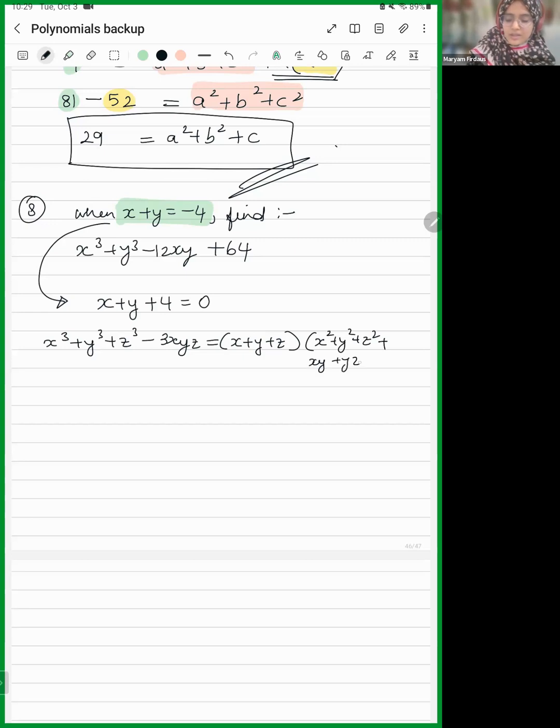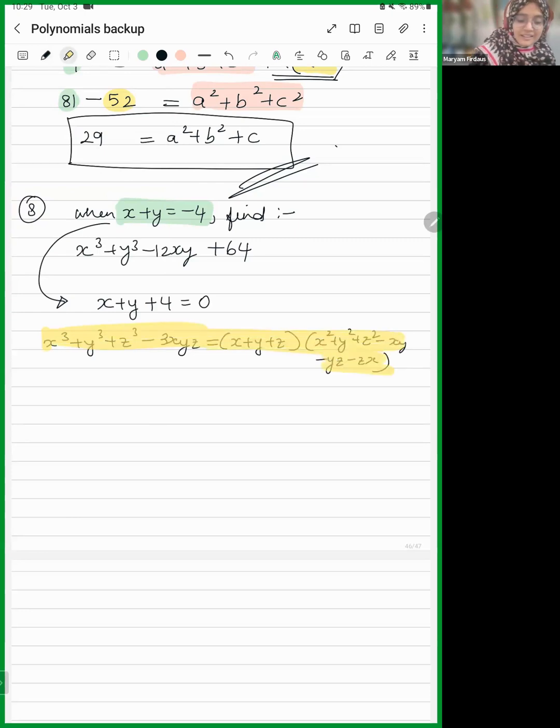I think this was it, right? It was minus, sorry, minus xy minus yz minus zx. Do you remember? We did the same question twice. Yes, ma'am. So this was that identity. You guys forgot even after we did that question twice.